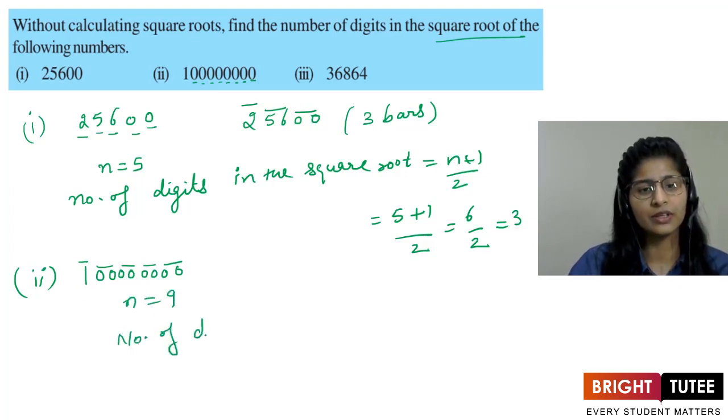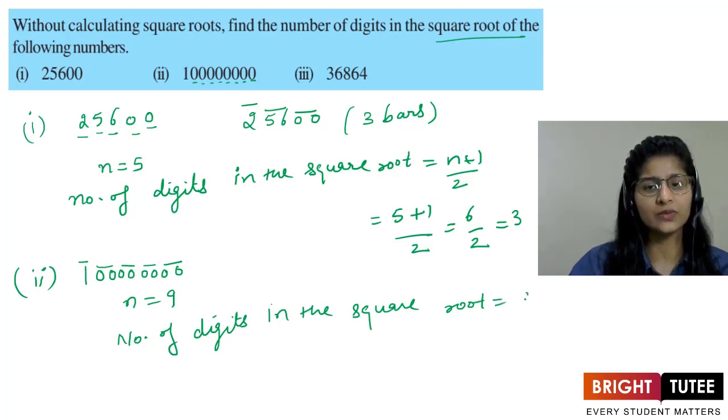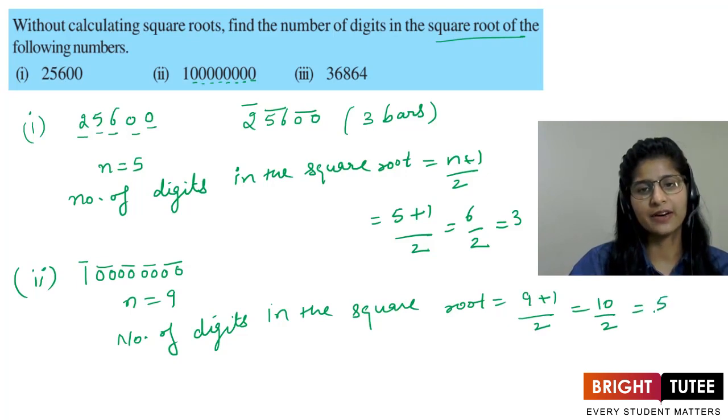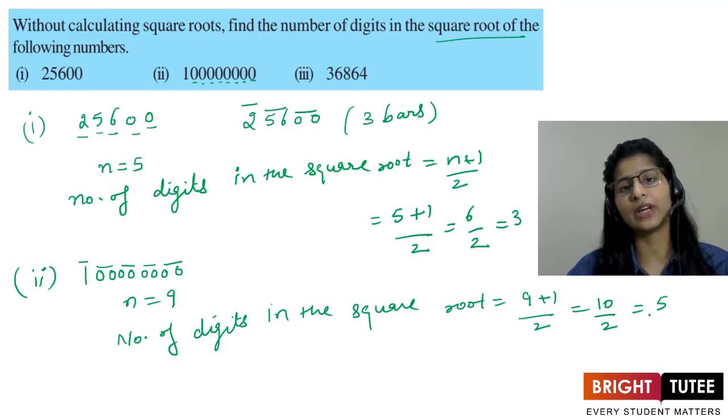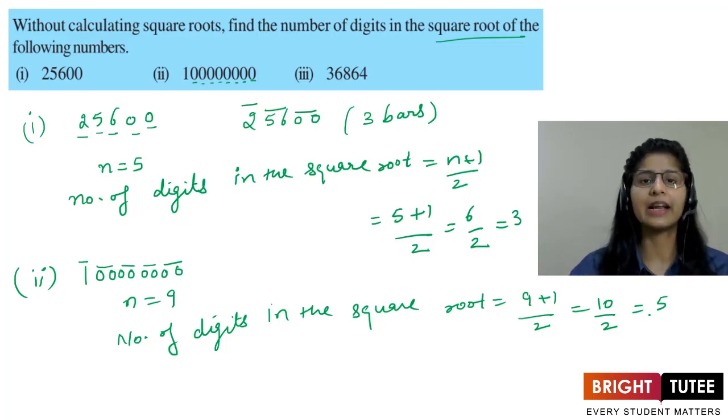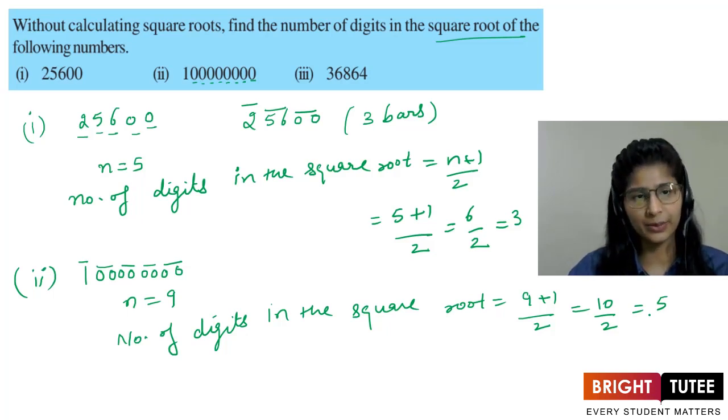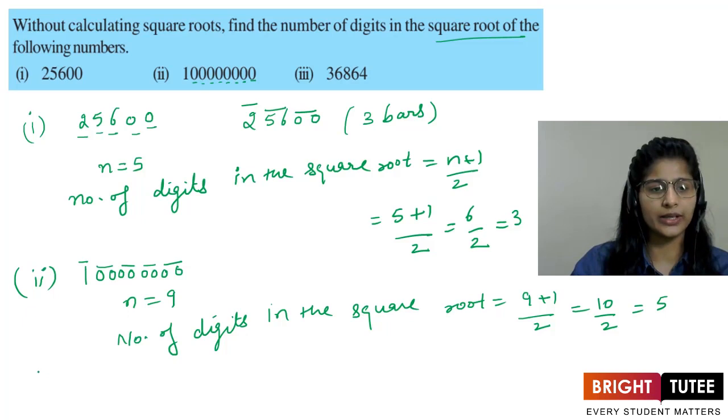So number of digits in the square root will be equal to n plus 1 upon 2, 9 plus 1 by 2, that is 10 by 2, gives us 5. So we observe that the number of digits in the square root of this number will be 5. Without calculating the square root, we can tell how many digits will be there in the square root of that number. Let's see the third one.